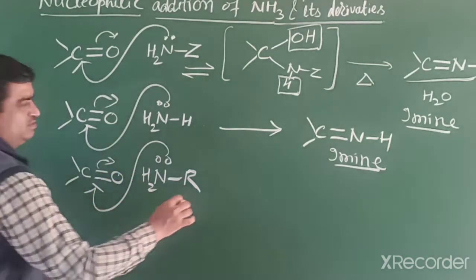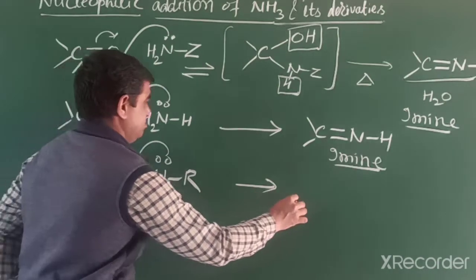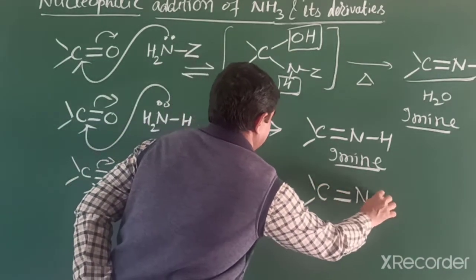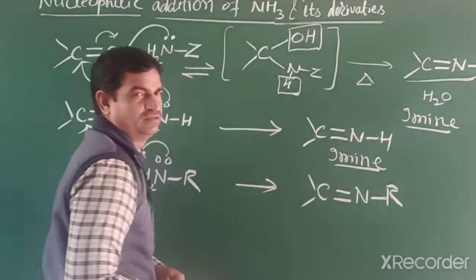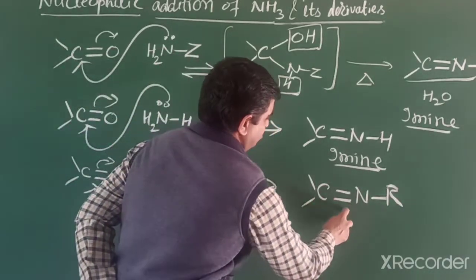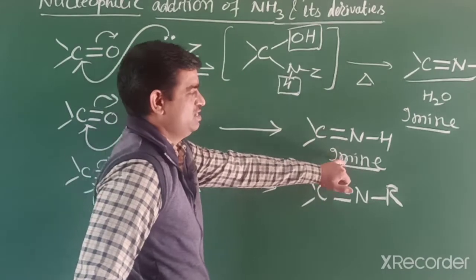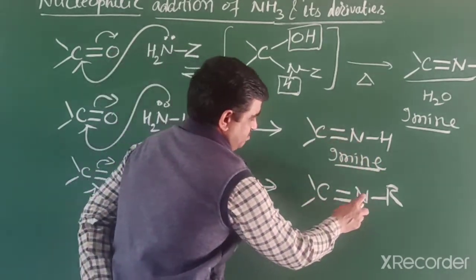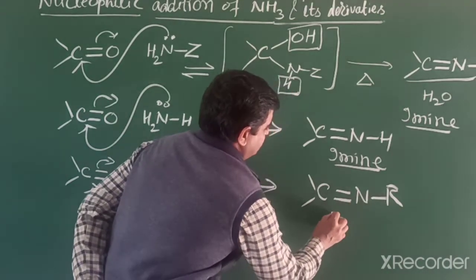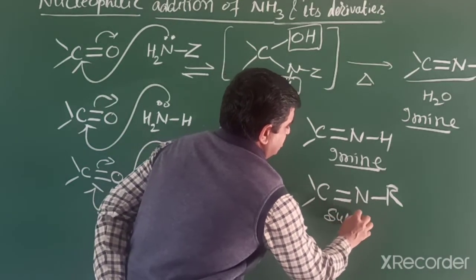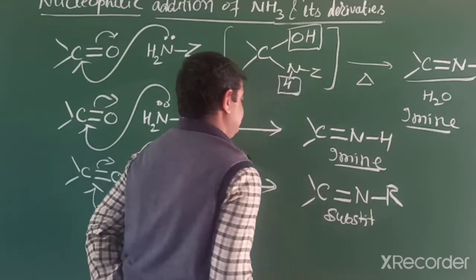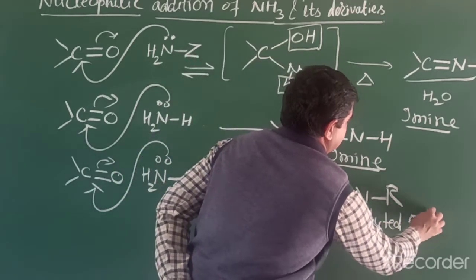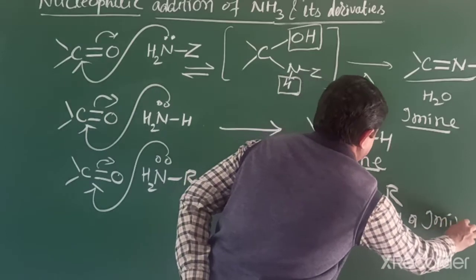Ultimately a water molecule is released and the product is a substituted imine. It is known as substituted because the imine has a double bond with nitrogen, and if the nitrogen is further substituted, it is known as a substituted imine.